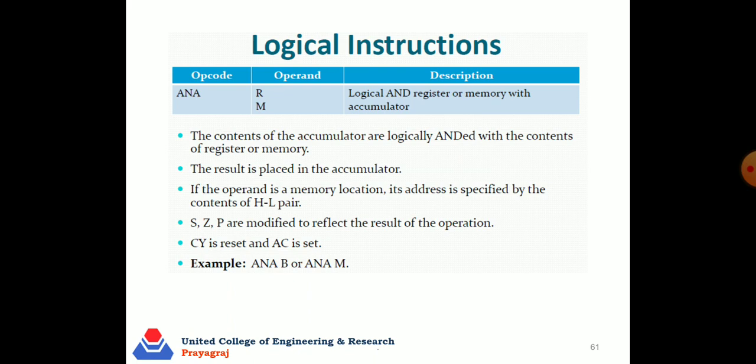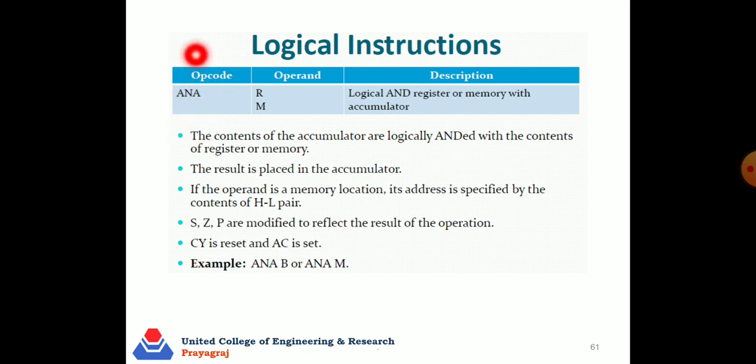Now the next logical instruction, ANA. The full form of ANA is logical AND, AND with accumulator.